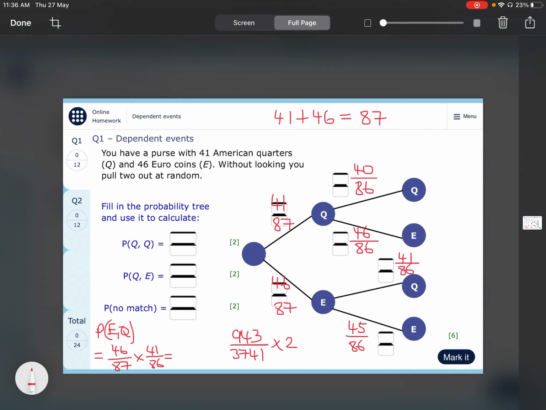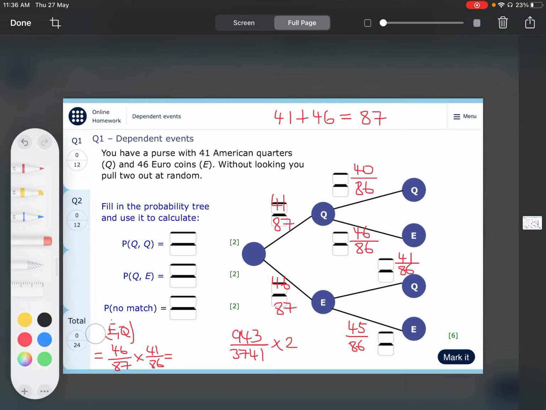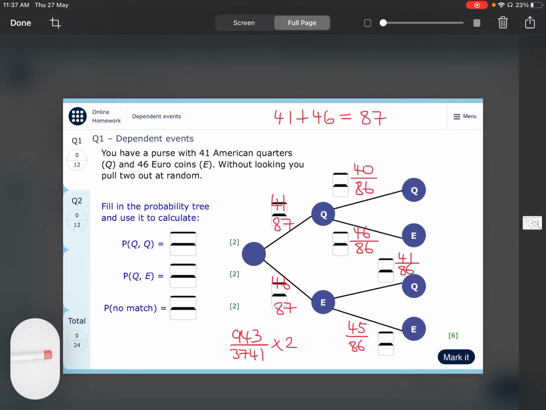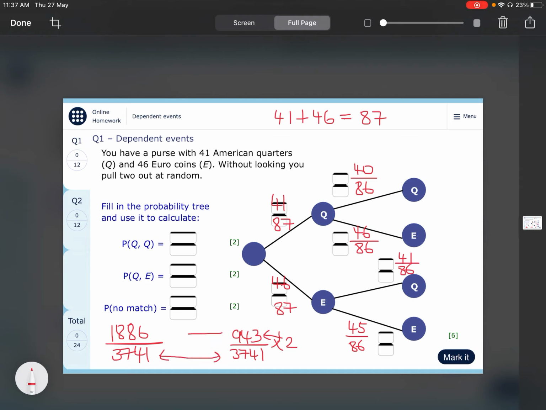So if you times that by 2, you're going to get 943 over 3,741 times 2, which gives you a total of 1886 over 3741. So when you times by 2, it's just the numerator that gets times by 2. The denominator stays the same, and the numerator is times by 2. So that's how you do the first part.